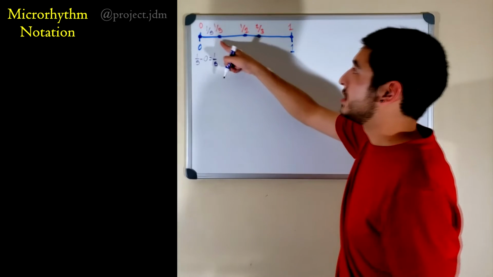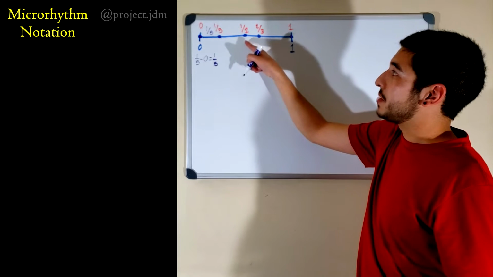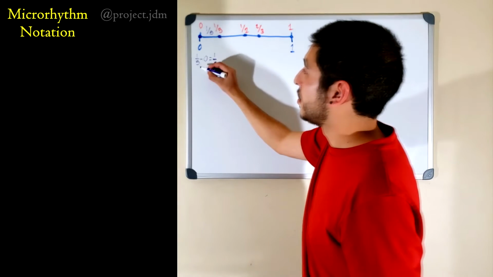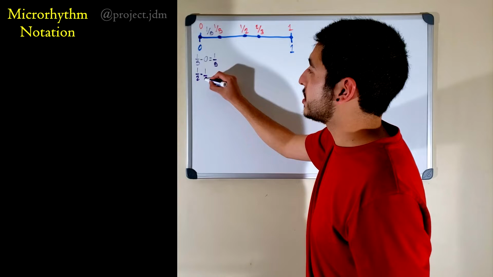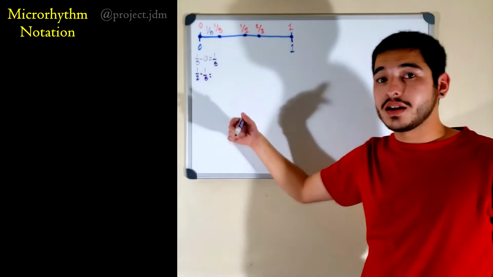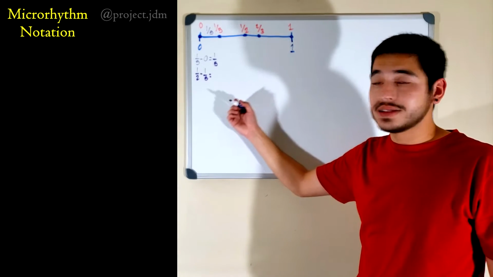Now for the second note, we need this space. How long is this space? We can get that by taking 1/2 and subtracting 1/5. 1/2 minus 1/5. In order to do this, we can't just subtract because they have different denominators, so we have to get a common denominator. So 1/2 is the same thing as 5/10.